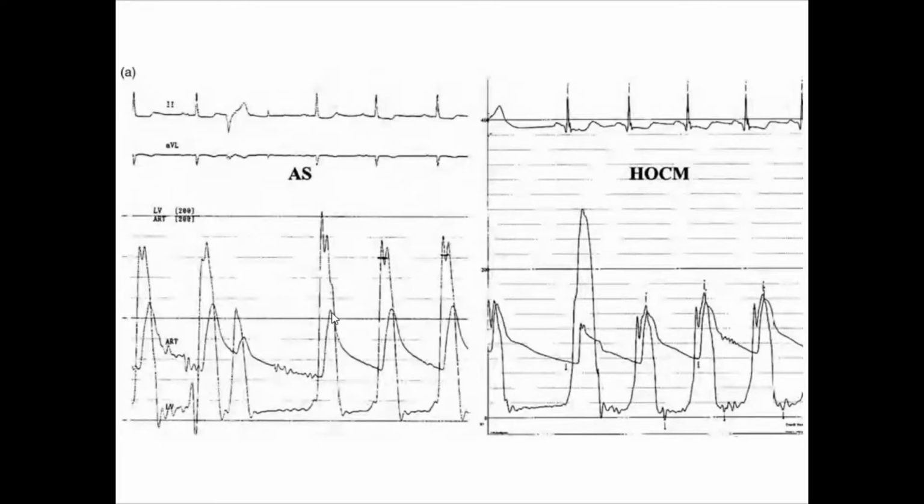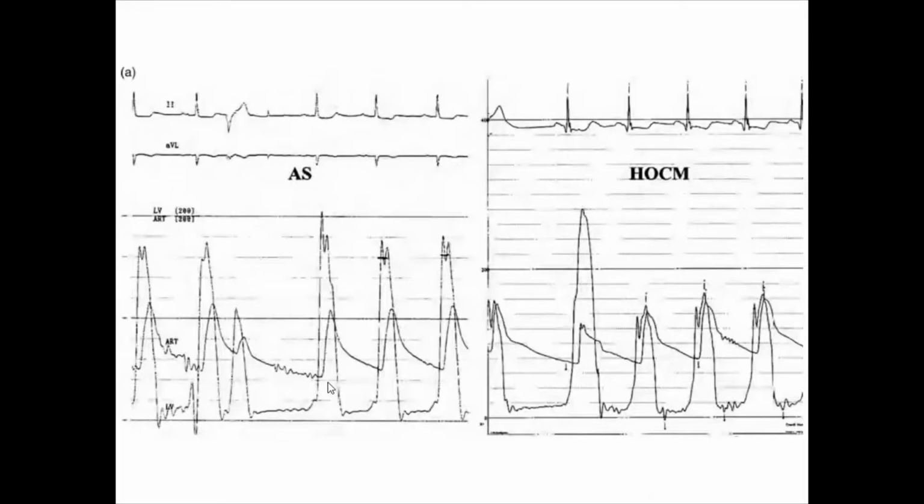Here it is increased. The pulse pressure decreases in HOCM and increases in aortic stenosis. The other thing, the configuration here is spike and dome in HOCM, and there is no spike and dome in aortic stenosis.